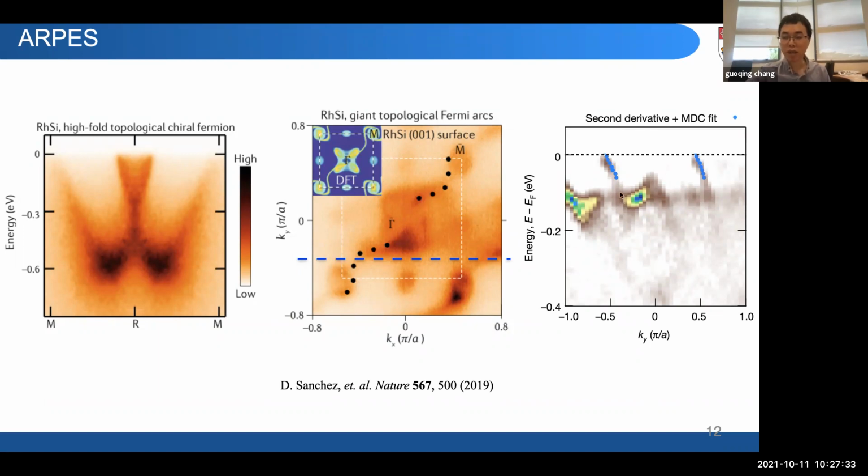You can see the only states that cross the Fermi level are these states, which we define as the Fermi arc states, the chiral edge mode. There are no other bulk states around the Fermi level. All the bulk states are around 100 meV below the Fermi level, and there are other bulk states above the Fermi level. So these are the topological chiral edge modes connecting the conduction and valence bands.